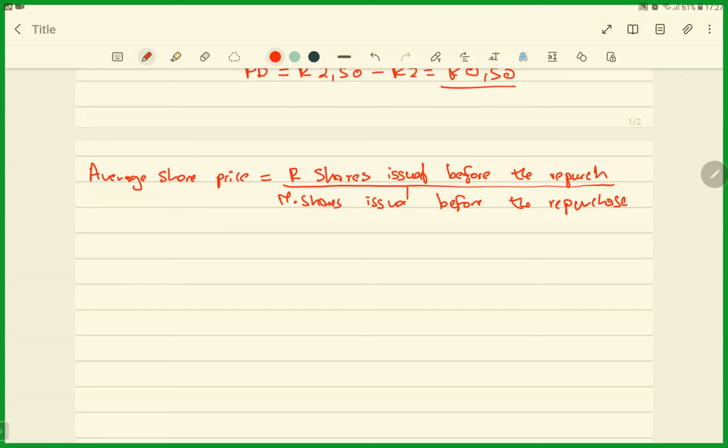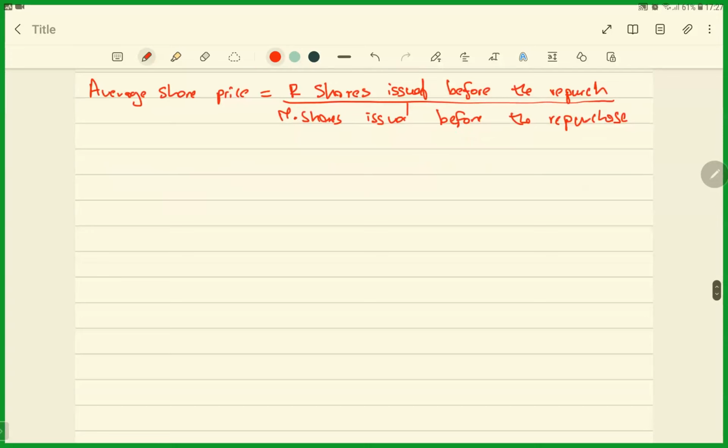So let me give you two scenarios here to see what I mean when I say this is how we calculate average share price. Okay, let's look at scenario one. Let's say we're told that ordinary share capital has 100,000 shares, and the total value is 200,000.